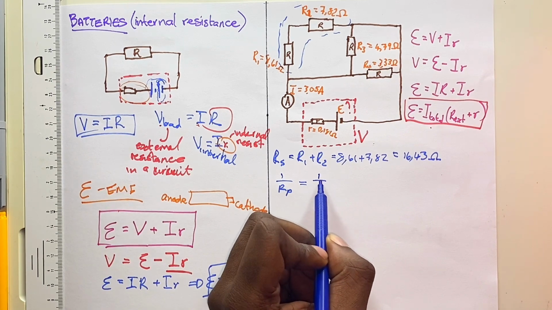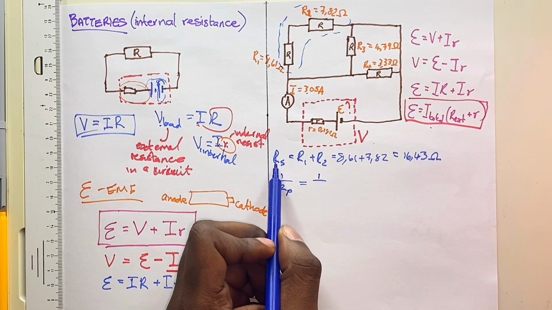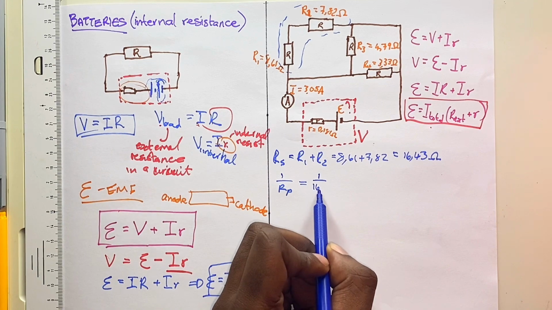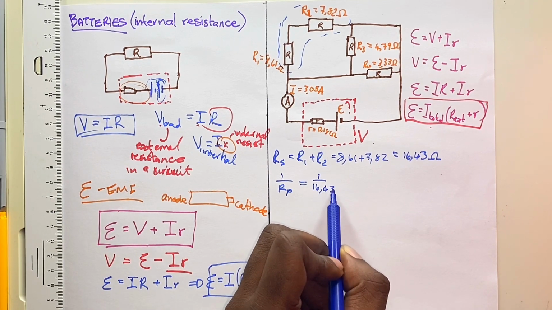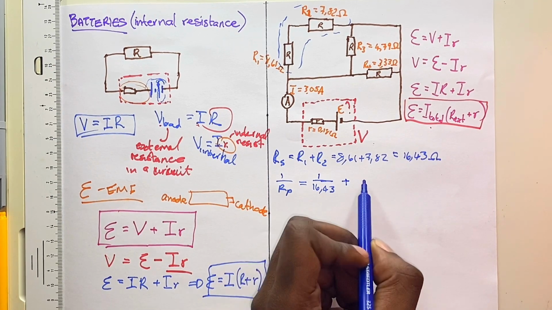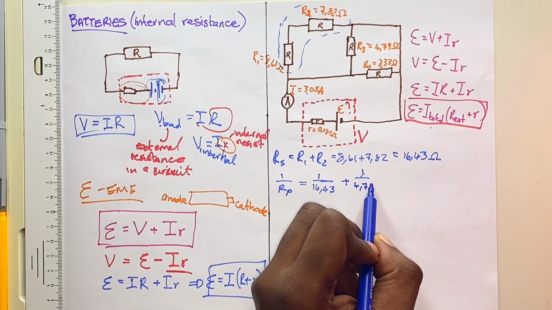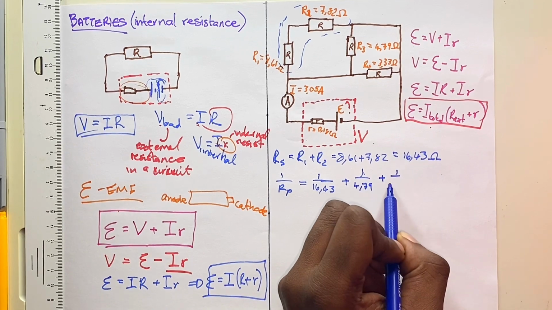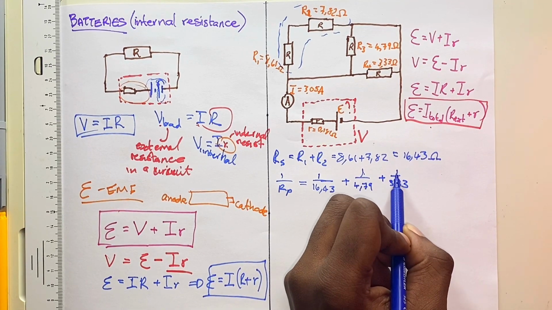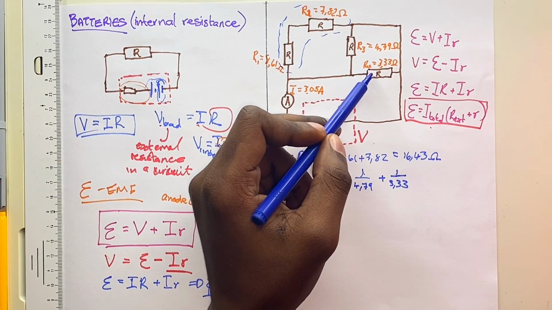So we'll take 1 over R series, which will be 1 over 16.43, plus 1 over R3, which is 4.79, plus 1 over 3.33, which is resistor number 4.